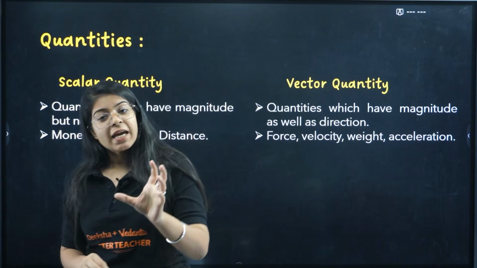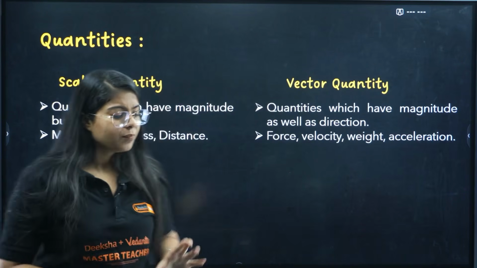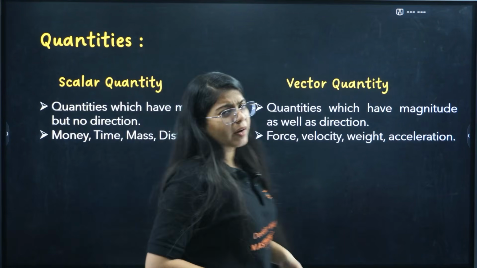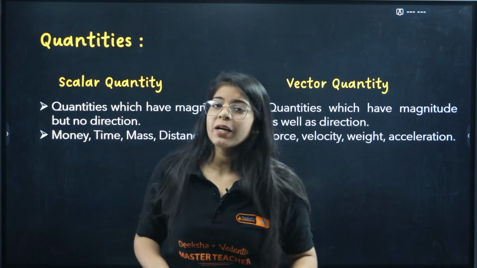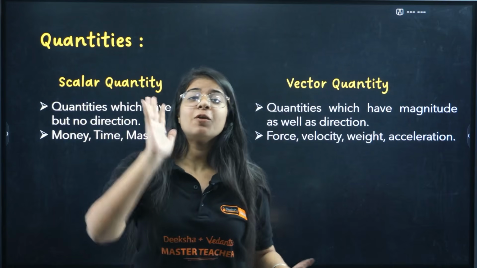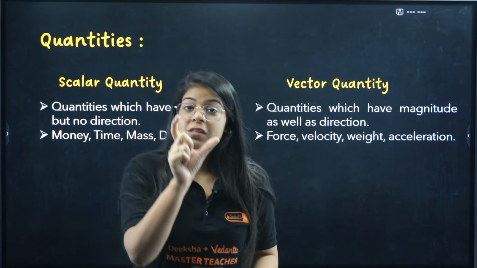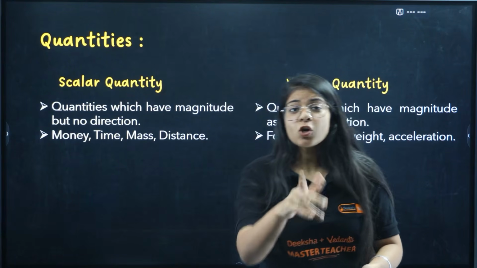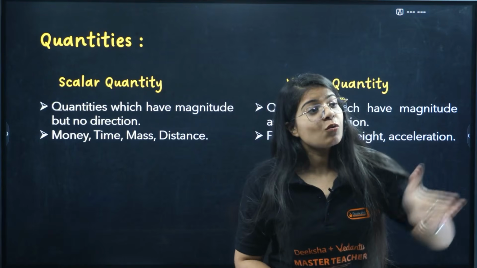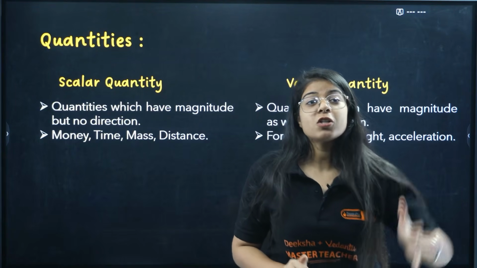Okay. So scalar quantities, imagine you are saying to your friend that I'll go home now. I'll go to my home, and my home is 5 kilometers away. So you are just giving the distance, right? And your friend says, my home is also 5 kilometers away, but it is towards the right, or it is towards the north.